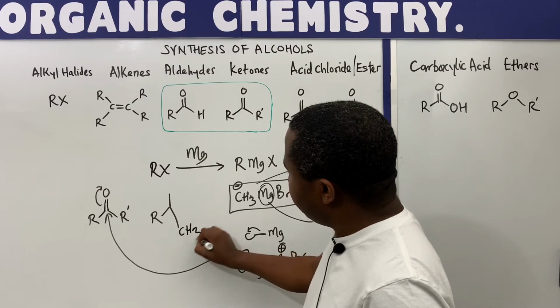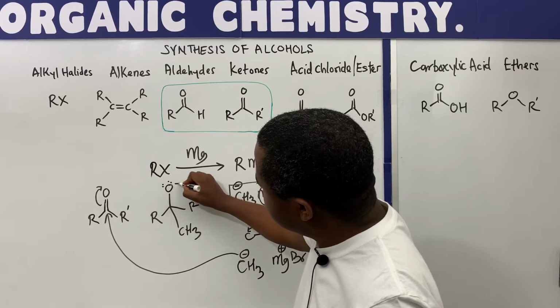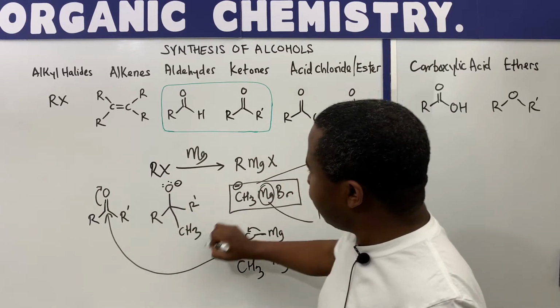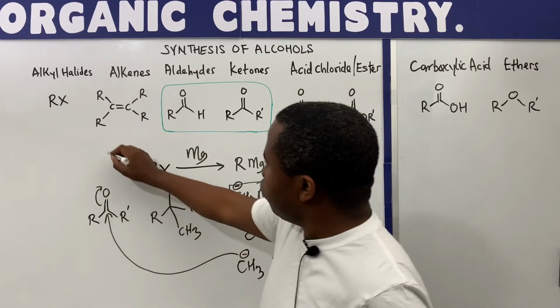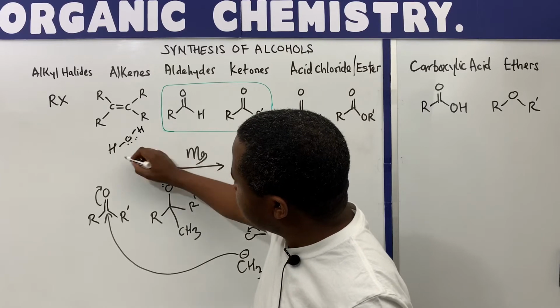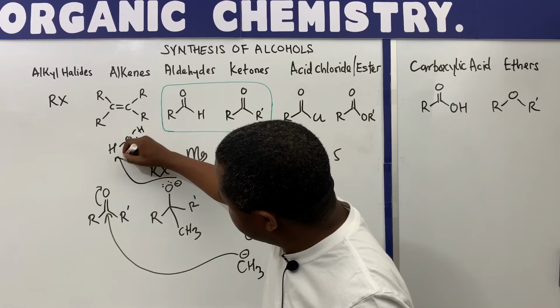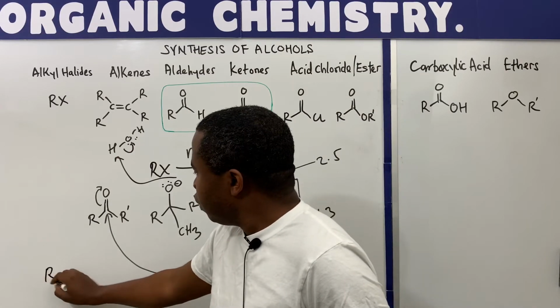So we're going to have this, and an alkoxide. So we have an alkoxide formed. So then the alkoxide can pick up a proton from water to form the alcohol. So we can form the alcohol that way.